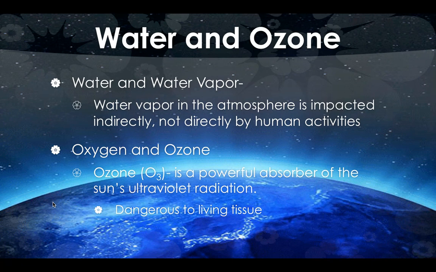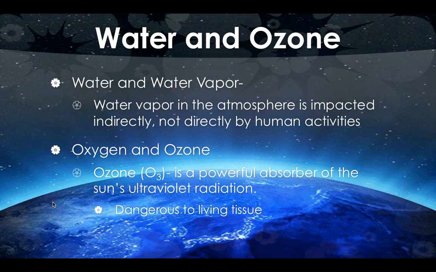It's a powerful absorber of the sun's ultraviolet radiation. Ultraviolet radiation is dangerous to living tissues. It is a mutagen. UV light can damage your DNA and cause it to mutate, which can cause things like skin cancer.